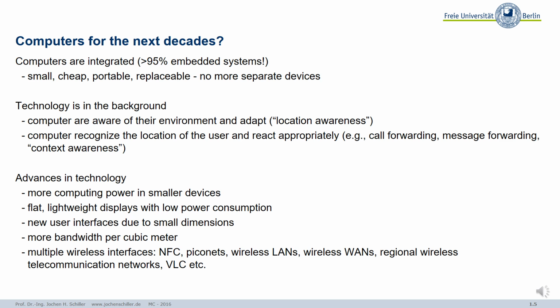We have a lot of advances in technology. Just think of the computing power we have today in these devices. It's really a lot. New displays. So I think we have more or less now reached the end of the pixel size in the displays, because with these displays you have today, you don't see the pixels anymore, and then, okay, that's it, that's the end.